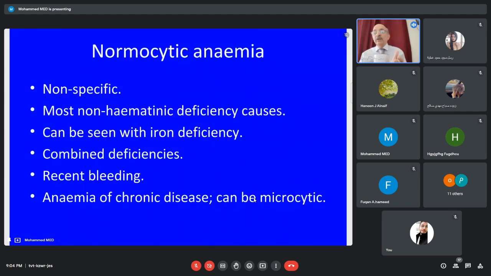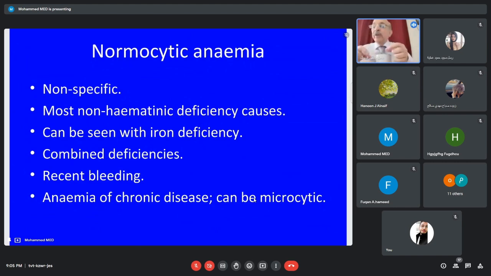Normocytic anemia is non-specific. Most of the blood tests, hematology tests will be normal. Sometimes it occurs with iron deficiency, combined deficiencies, the dimorphic blood picture, which occurs mainly with celiac disease, I have discussed earlier, because of macrocytic generation and microcytic generation, but only the automatic analyzer will make this mistake by giving you a normal MCV.